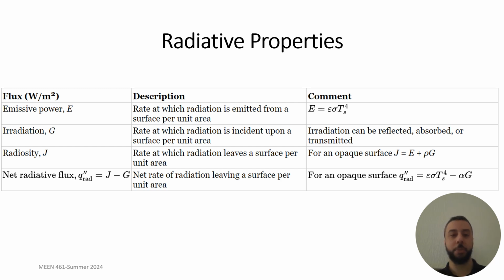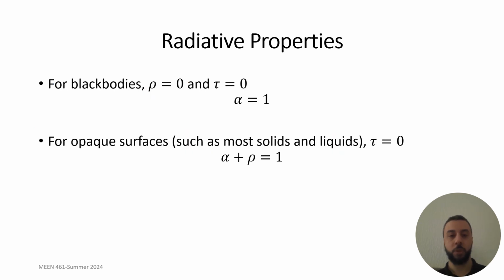Again, this is just a summary of what we just discussed, and it's a good summarization of what's been there in the images. So for black bodies, rho is equal to 0 and transmissivity is equal to 0. So you have absorptivity equal to 1, so everything is absorbed. As we mentioned before, it's the perfect absorber.